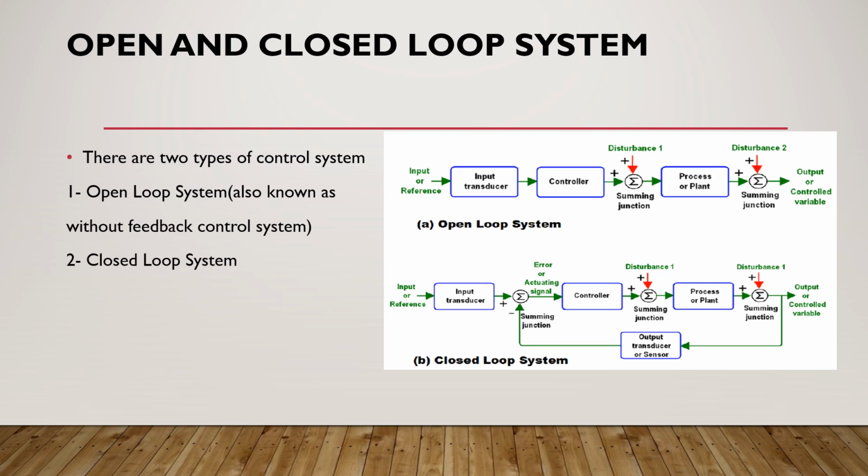Open loop systems have no optimization portion available, but in closed loop systems optimization is available, and open loop systems are less reliable and less accurate as compared to closed loop systems. That's why in our practical life we mostly use closed loop systems. An example of an open loop system is a water heater, and an example of a closed loop system is the electric AC.